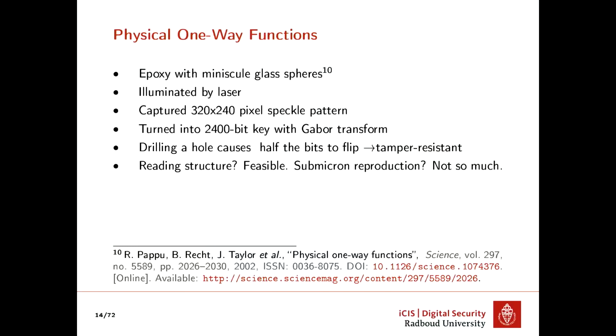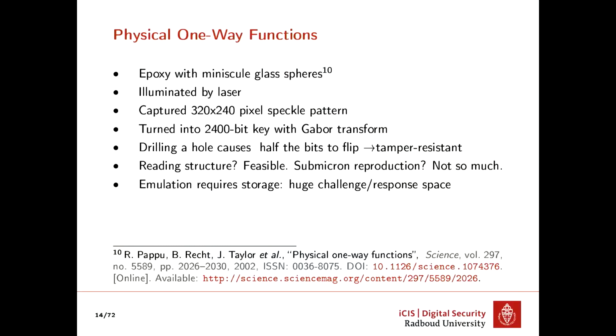You can just, well, I say just, but you can use microscopic techniques to read it out exactly. But good luck with having this submicron accuracy for all those glass spheres in the epoxy. You can, in theory, if you know the structure, emulate or simulate how a laser passes through this, but it requires a lot of computational power.